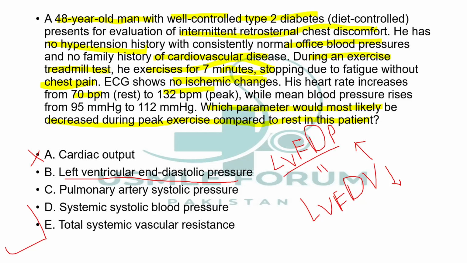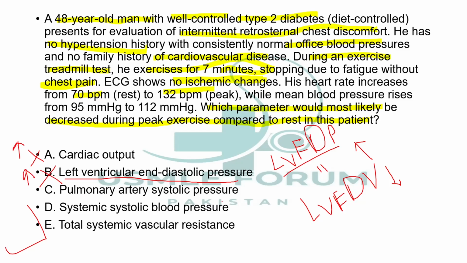So going by that, if the body needs more blood and is increasing the cardiac output, which means that there is more blood coming into the heart and going out of the heart, this in itself would increase, this would not decrease, right? So the cardiac output would increase and this would also increase.